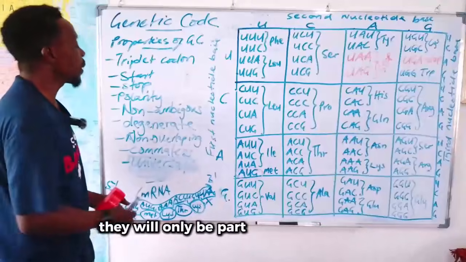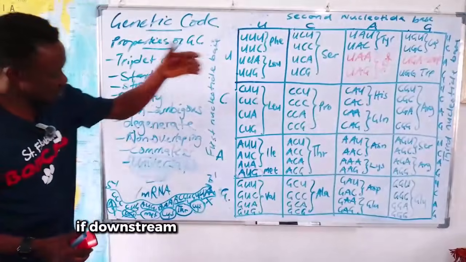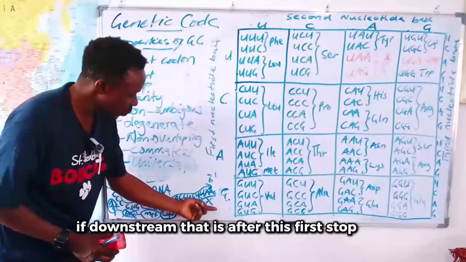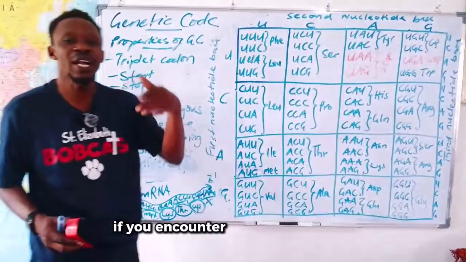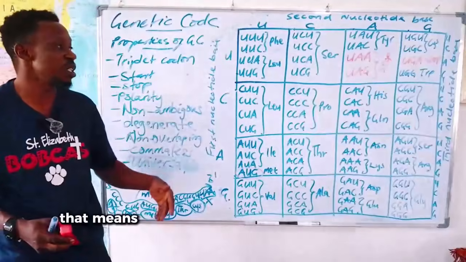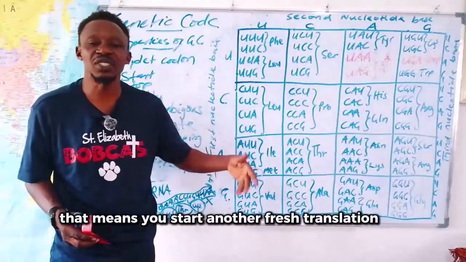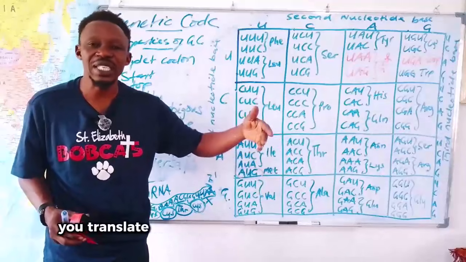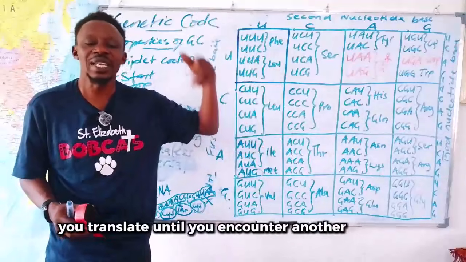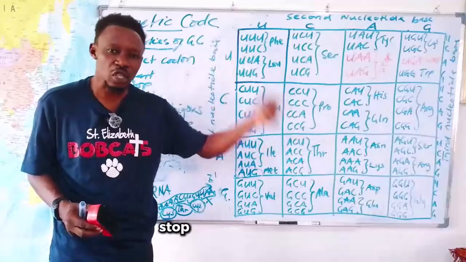They will only be translated if downstream, after this first stop codon, you encounter another start codon again. If you encounter another start codon, that means you start a fresh translation from there. From that second start codon, you translate until you encounter a second stop codon.